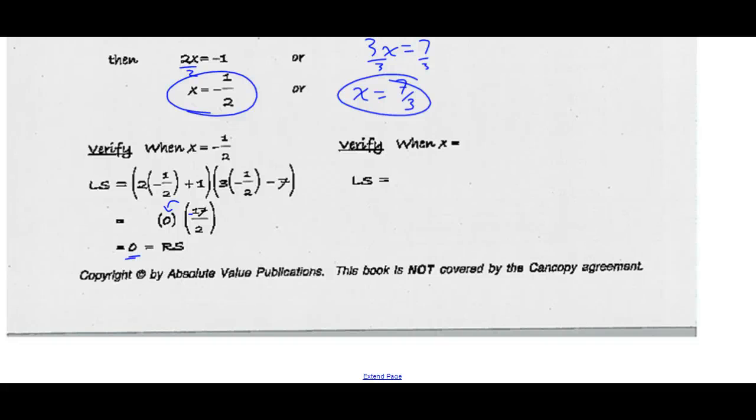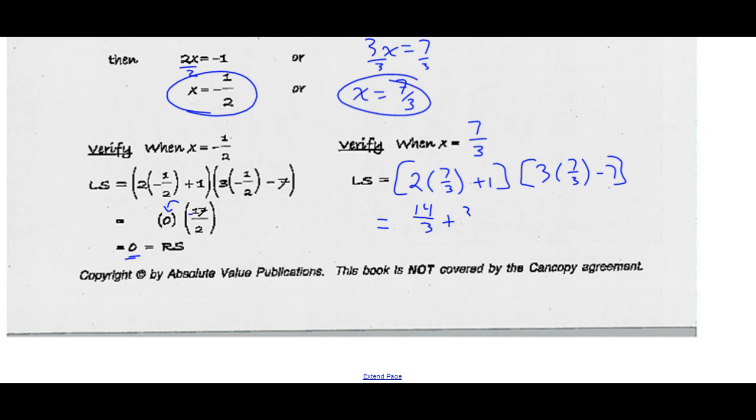All right. Verify when x is 7/3. So the left side says I've got 2 times x, which is 7/3, plus 1, multiplied by 3 times 7/3 minus 7. If I work this out, 2 times 7/3 is 14/3, plus 1, which is 3/3.